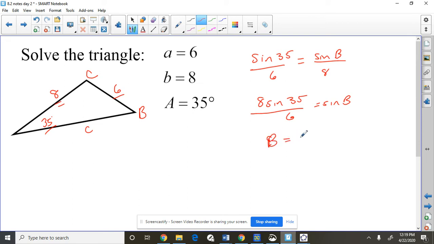So I get B equals the inverse sine of 8 sine 35 divided by 6. So angle B in this triangle is 49.89 degrees.